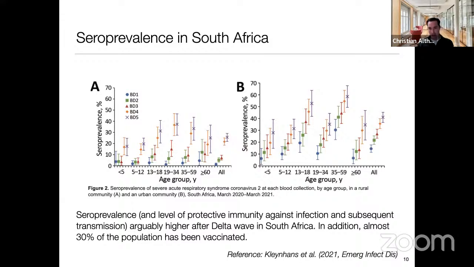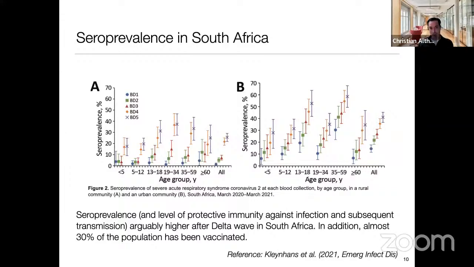On the left-hand side, you see seroprevalence studies in rural communities, and in the right panel, you see the seroprevalence studies in an urban community. And you see that it varies across age groups, but with subsequent waves, the seroprevalence has really increased up until March 21 to levels of 40, 50, or 60%.